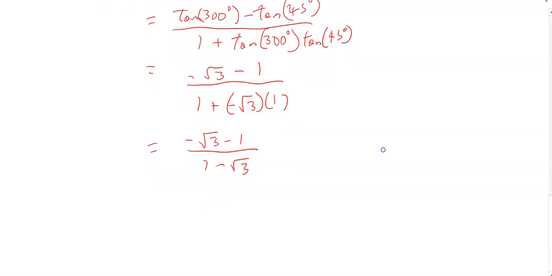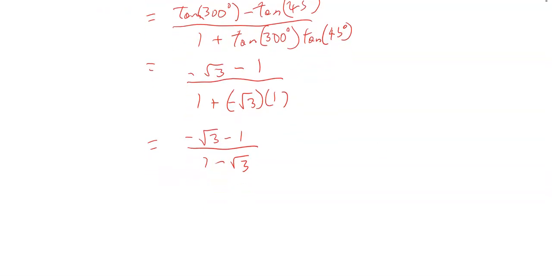I want to simplify as much as possible, so multiply by the conjugate of the denominator, that's 1 plus radical 3 over 1 plus radical 3. At the top, following this through, you will have negative 4 minus 2 radical 3.